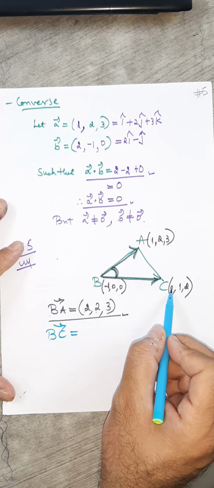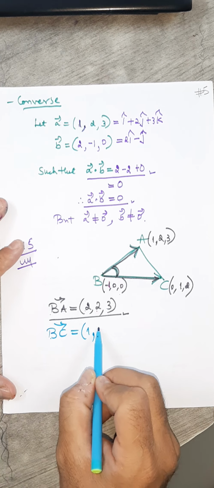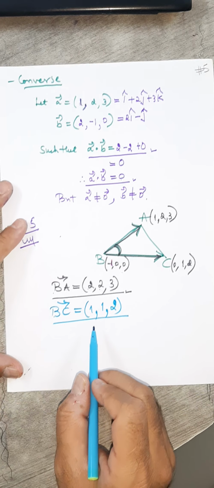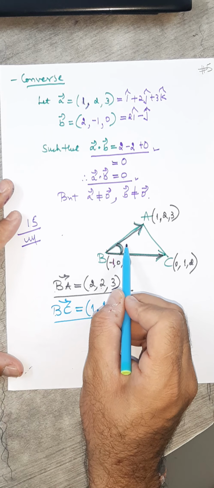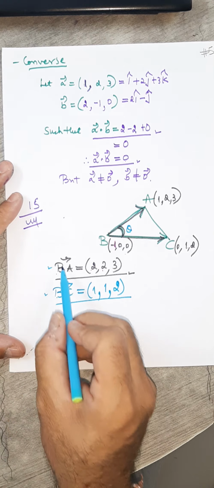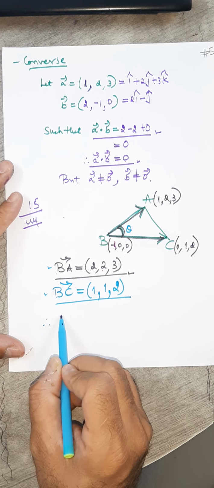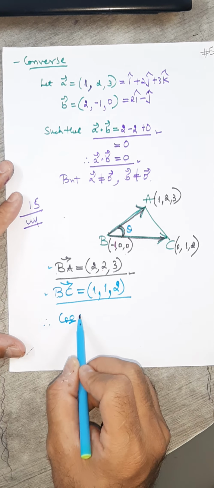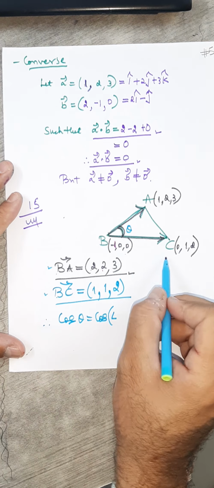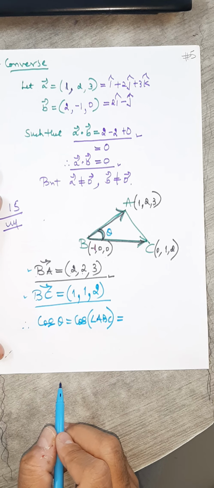C minus B. 0 minus minus 1, which is 1. 1 minus 0, which is 1. And 2 minus 0, which is 2. You got these two vectors. So ultimately, this angle, if I call it theta, that is the angle between these two vectors, remember. Which two vectors? BA and BC. So therefore, cosine theta, which is nothing but the cosine of which angle? ABC. That's what you are asked. Which is equal to, how do we get the angle between two vectors?